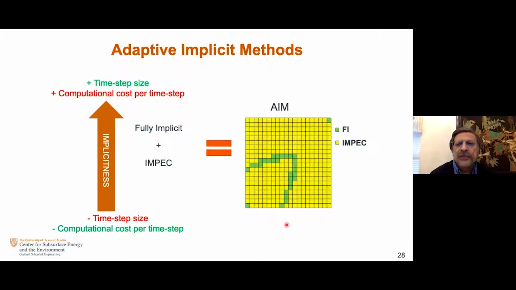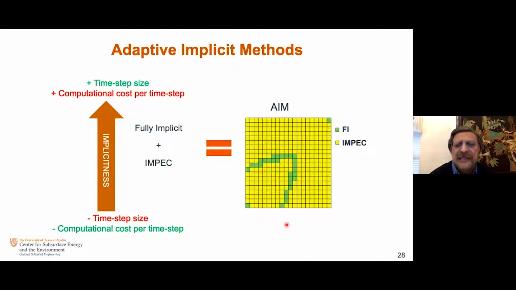Depending on how the equations are solved, if they're all solved together using the implicit method, we refer to it as fully implicit. If the pressure equation is solved implicitly and the conservation equations are solved explicitly, we refer to this as the IMPES method. There are approaches that mix these two together.